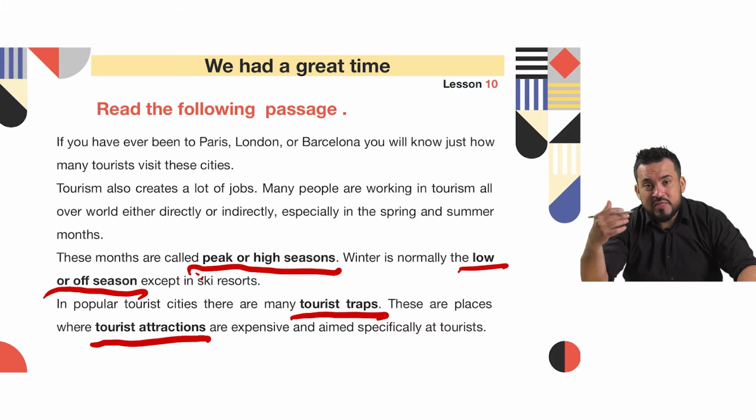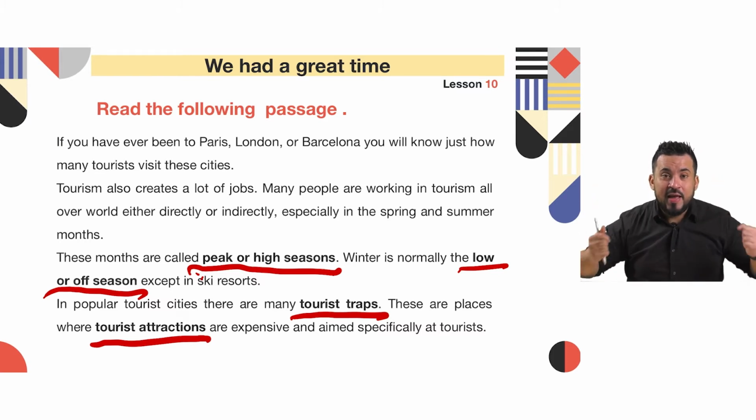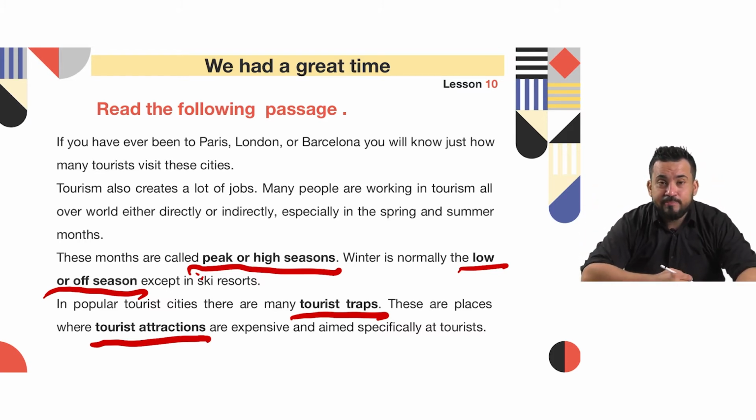The low season or the off-peak seasons are the seasons where people don't do a lot of traveling. Winter is a very low season, except for in snowy countries like Switzerland and so on, because people go there to ski. You need snow to ski, and they have a lot of ski resorts over there.